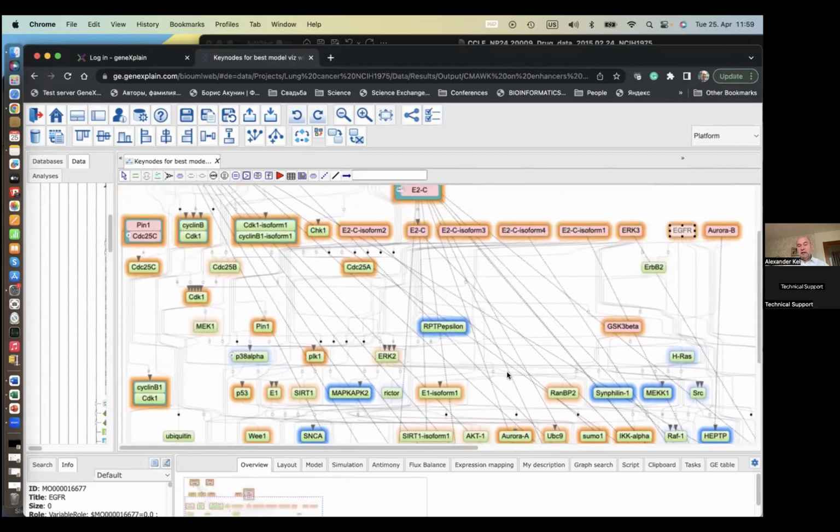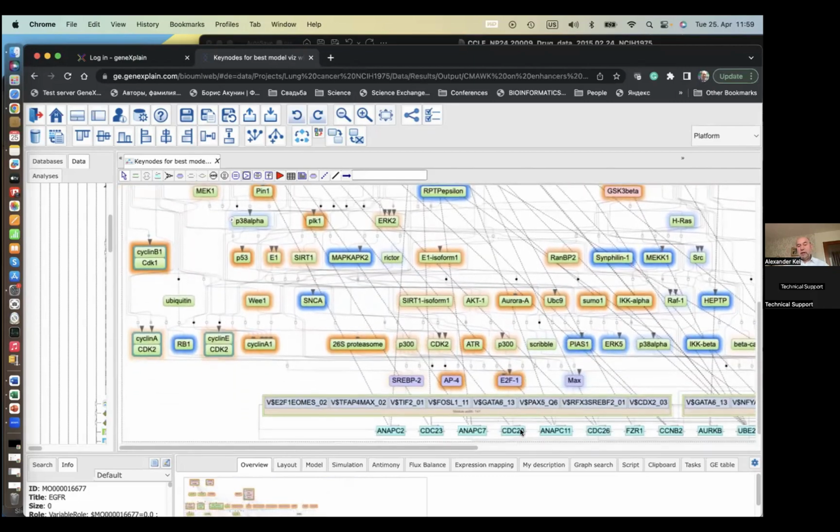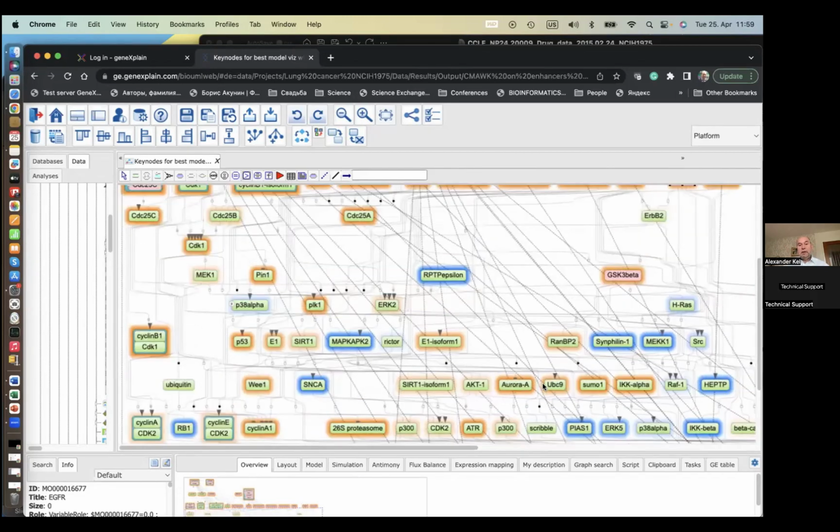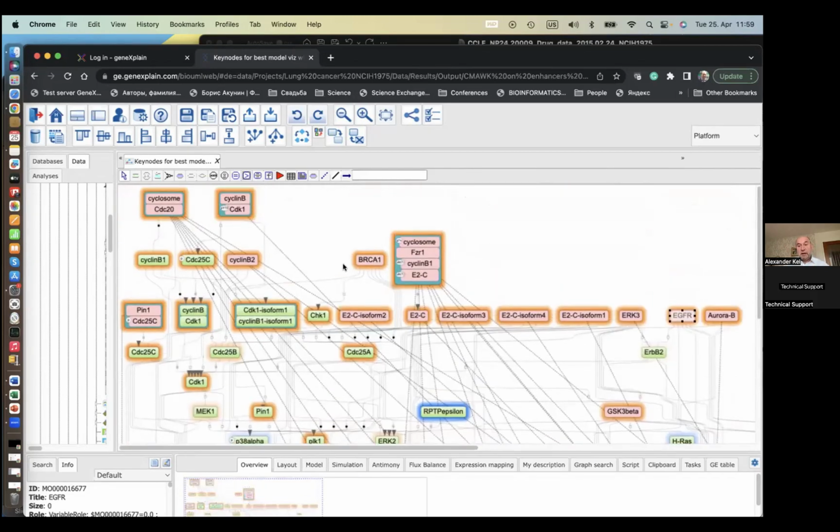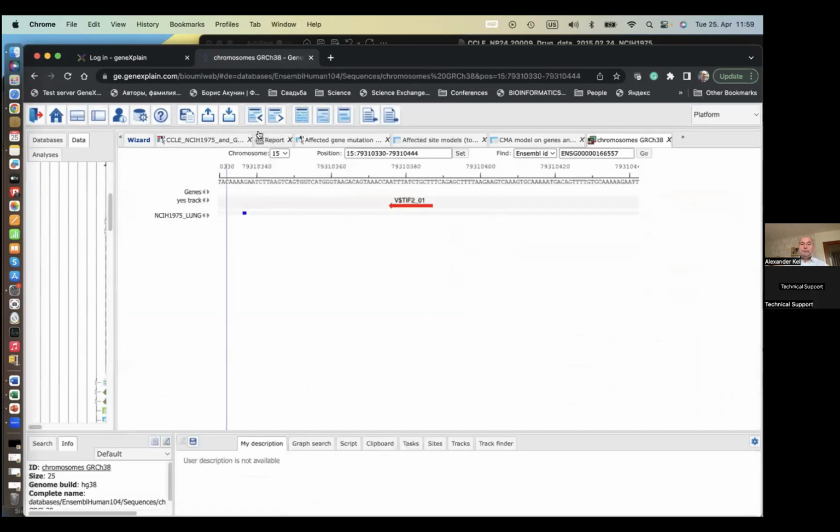And in turn, they are regulating expression of those genes, including the genes which encode those proteins themselves. So that's the network which is created by the system. And based on that network, we predict which of the master regulators can be potential targets for the therapy.